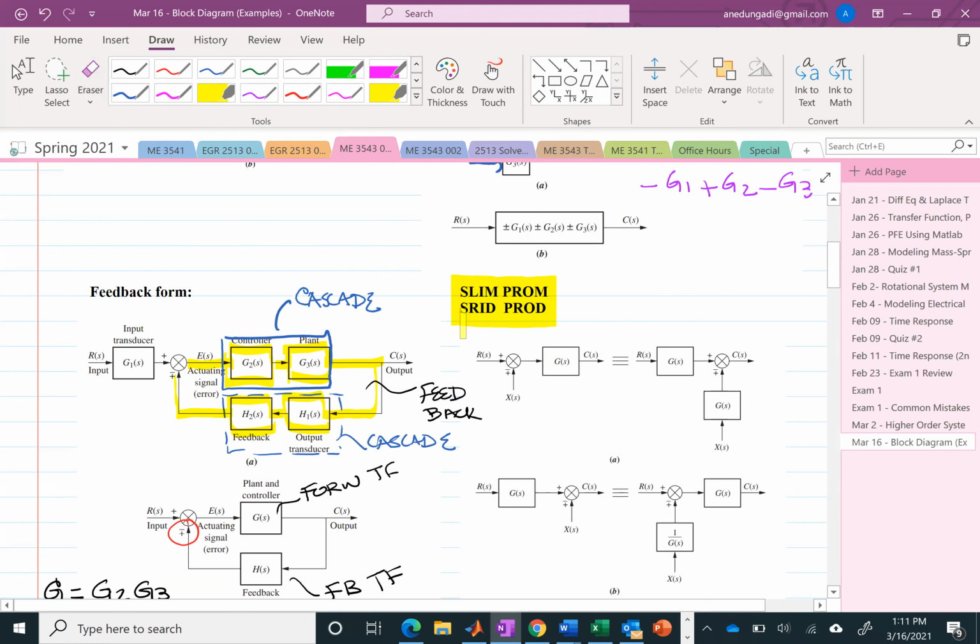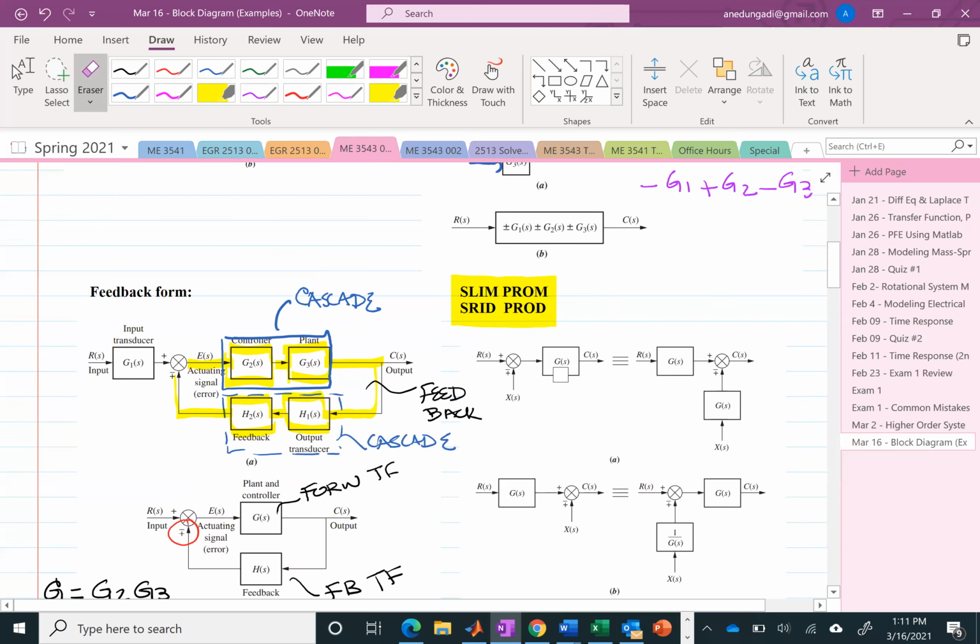SLIM, PROM. So the opposite of SLIM is sum right input divide. The opposite of PROM is pick off right output divide.